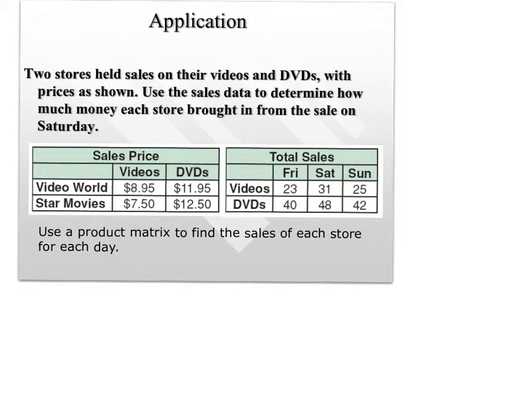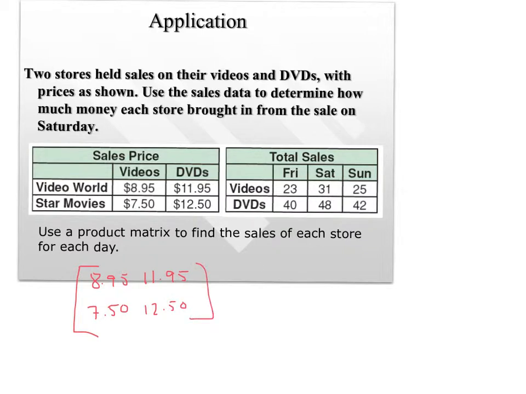And what I want to do is find, using matrix multiplication, information for each business, DVD and video sales. So notice here, if we just look at the idea of it being a matrix, we get $8.95 right here, $11.95, $7.50, and $12.50.